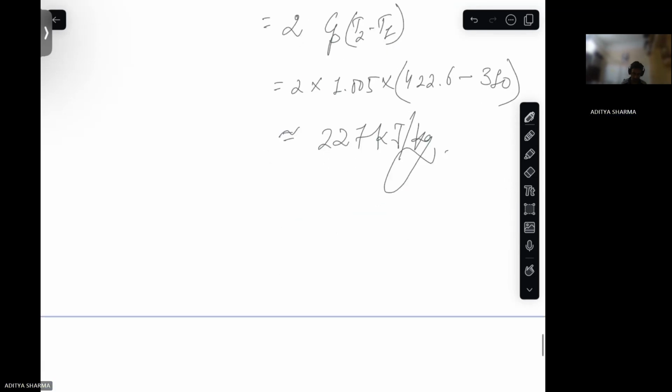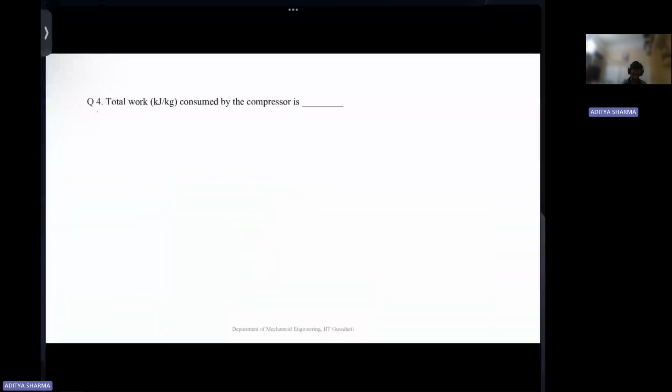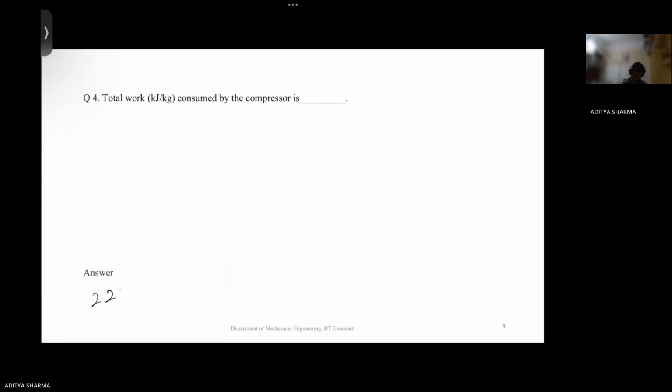Okay, 227 kilojoule per kg. The next question is work ratio, back work ratio.